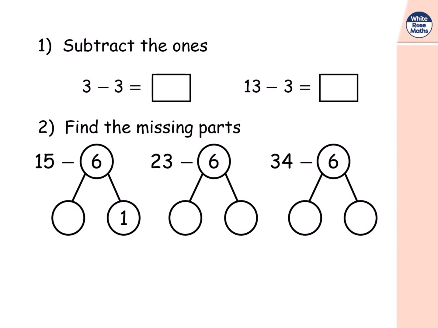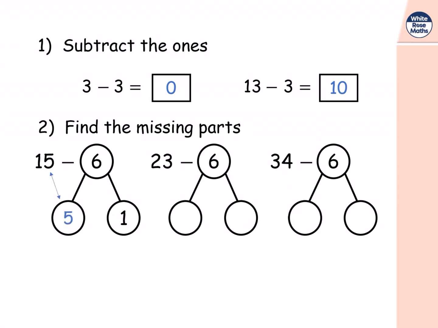How did you get on with those? Question 1, 3 minus 3 leaves us with 0, and 13 minus 3 leaves us with 1 10 and 0 ones. In our second question, we've got 15 minus 6. I've already started partitioning the 6 into 1, so the other part must be 5.